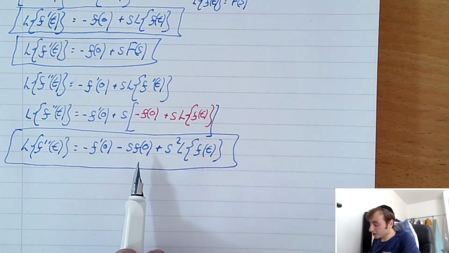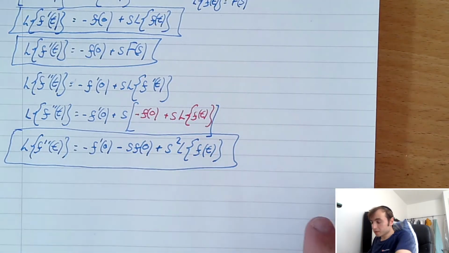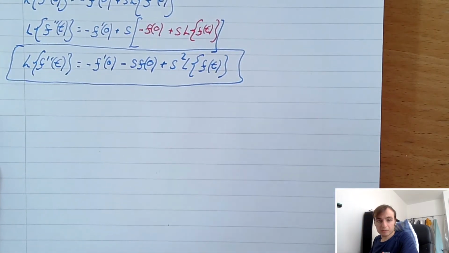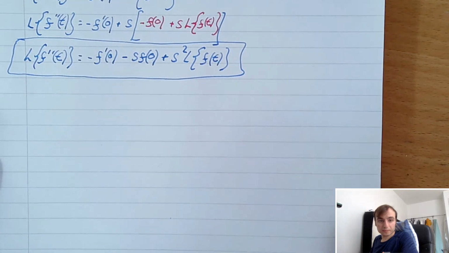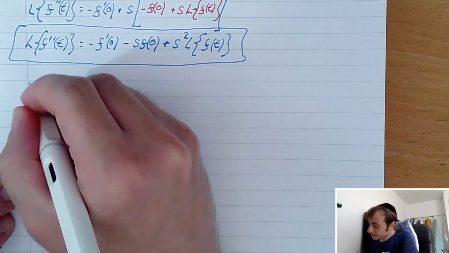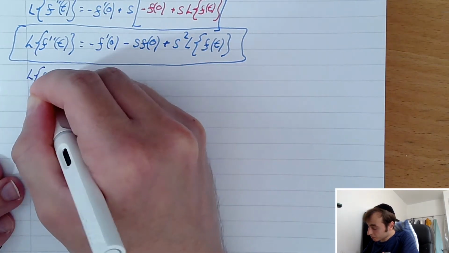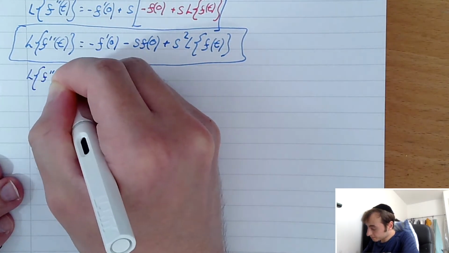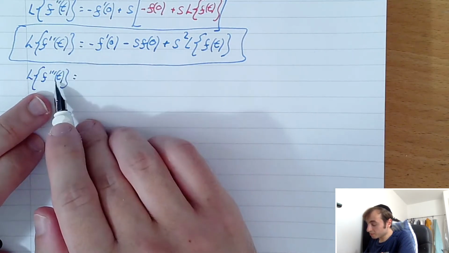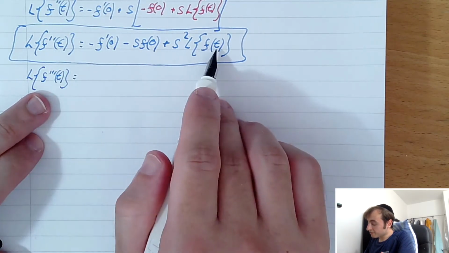Now let's have a look at the third derivative. So all I'm going to do is move this up again. That's a bit more room. So for the third derivative, we can say that the Laplace transform of f triple prime t is going to equal, again, I'm just replacing f double prime t with triple prime t and f of t with f prime t.